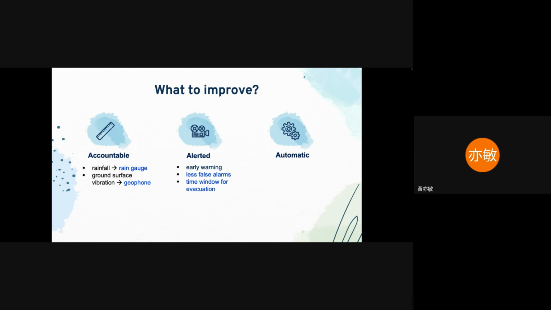So then we need to rely on different sensors. Different from the rain gauge, we rely on ground surface vibration. So it's a geophone. Like I said before, if there is a debris flow coming toward our sensors, there is a very obvious signal change.